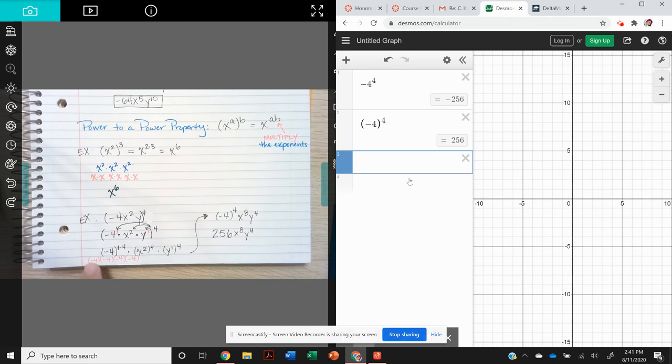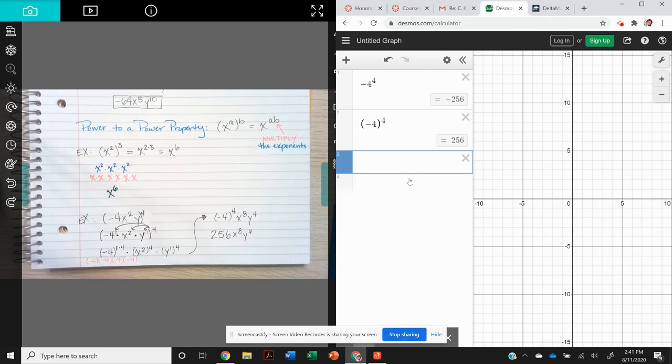When you have a negative times a negative, that's a positive. So this whole problem is positive 256. If there had not been any parentheses, I would have taken my first approach here on Desmos and typed negative 4 to the 4. But because I have parentheses, I have to type it in and get the correct answer.